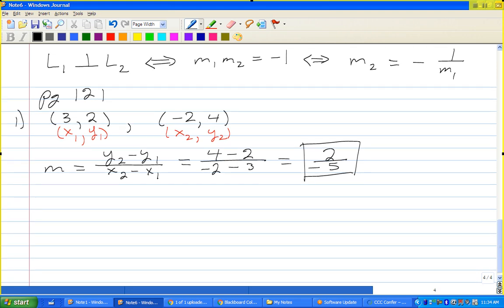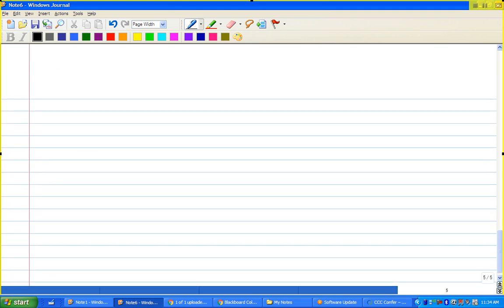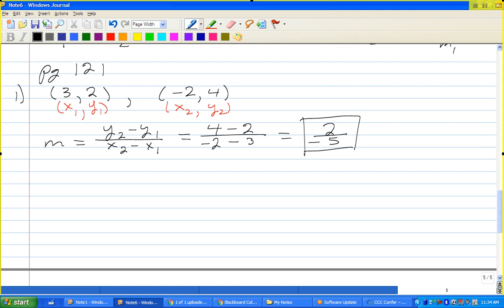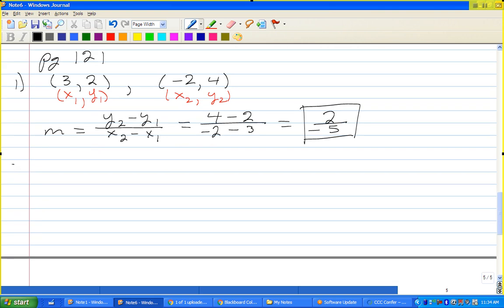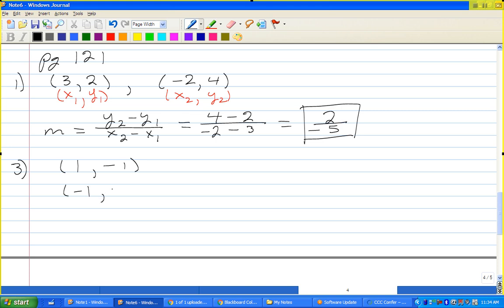Let me do problem number 3. The points are (1, -1) and (-1, 1).